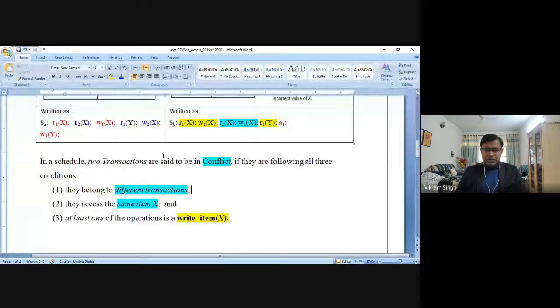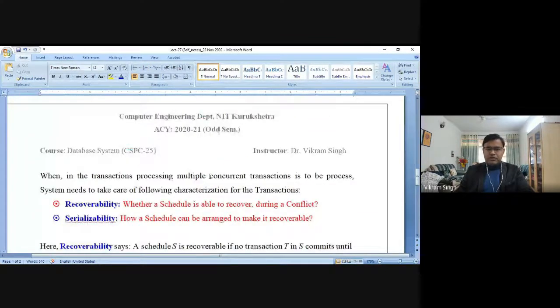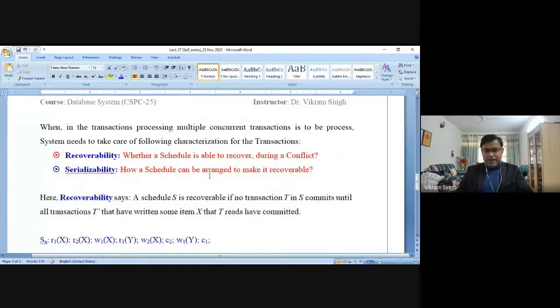So you can say both transactions have conflict, and these conflicts are actually the reason for which we are planning this recovery, rollback, and all other timestamping protocols, right? So conflict is very important. And now we will be starting a new concept or direction based on which we can identify what will be the possible solution for recovering, what will be the possible solution to roll back the transaction, right?